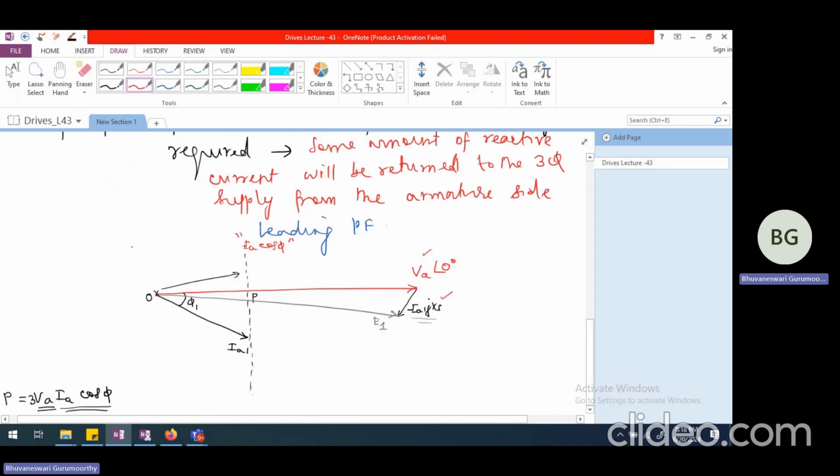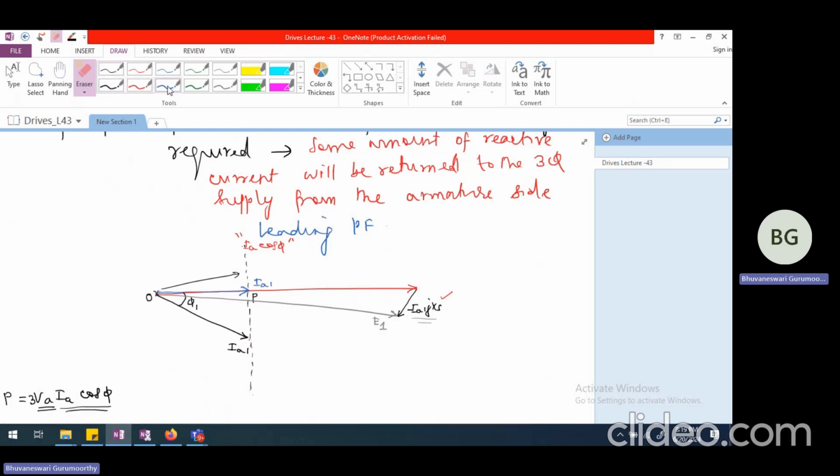Under this condition, if I look for a unity power factor current, I should have it somewhat like this. This is the unity power factor current. So this is going to be IA1. So IA1 happens to be the unity power factor current now.